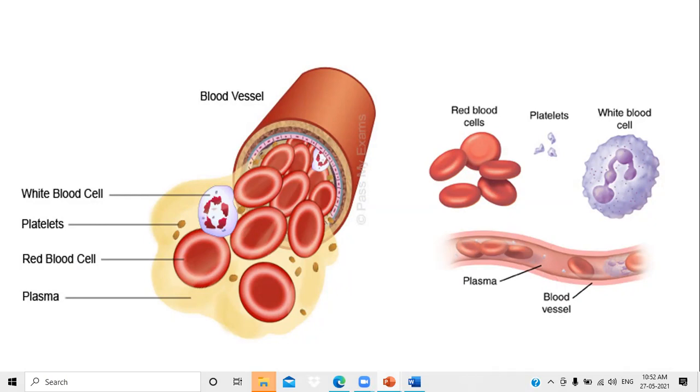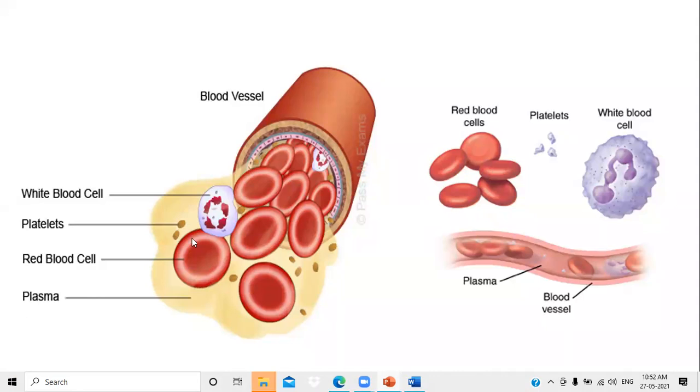The liquid which carries those cells is called what? What is the name of the liquid that carries the blood cells? Plasma. Yes, plasma is the liquid that carries all the blood cells.